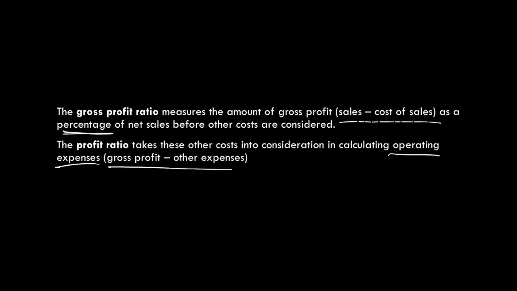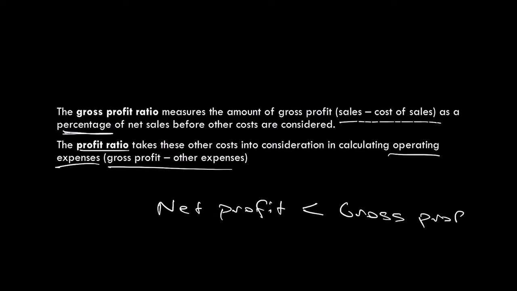So we take the gross profit and we minus other expenses as well. This net profit figure is actually going to be lower than the gross profit figure. So, net profit really will always be lower than gross profit because it takes into account all operating expenses of a company, not just cost of sales.